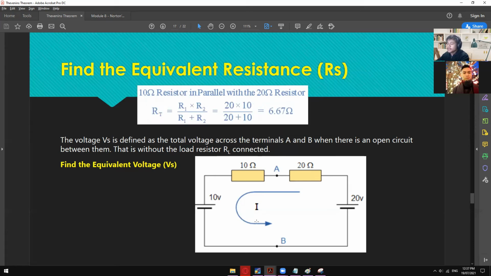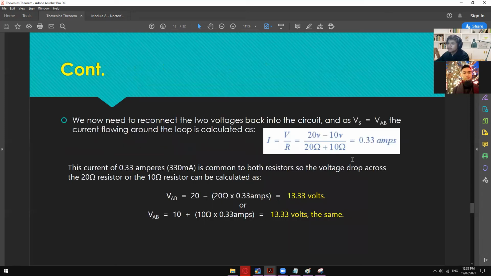After that, we can now solve for the voltage source. In here, we can apply KVL again to find the current that is flowing in the entire circuit. So, just wait a second. V divided by R. What he did in here is not with the use of KVL, but simply with the use of Ohm's law.